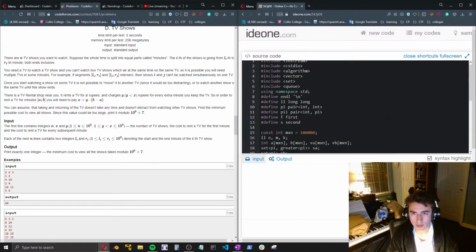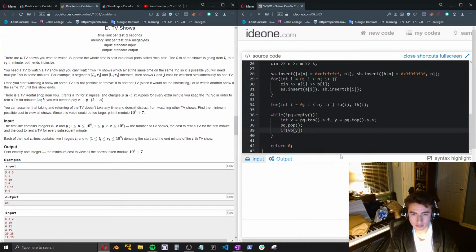These two arrays track whether this value is already picked, because if so, we need to just recalculate it. So if not bb of y.